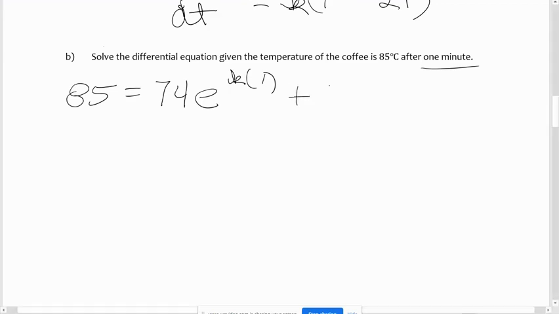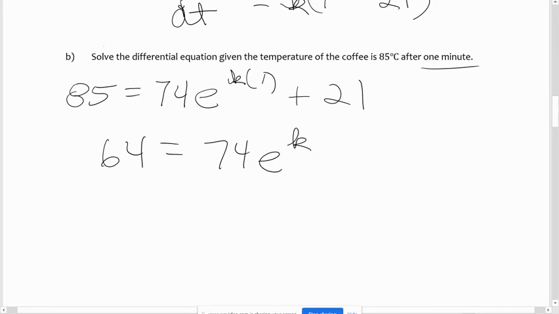Oh, I forgot my plus 21. Okay, so kick the 21 over to the other side. So what's that going to give me? 64 is equal to 74 e to the k.